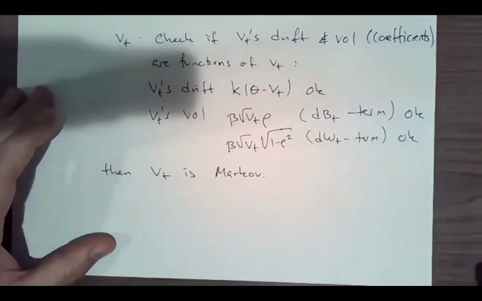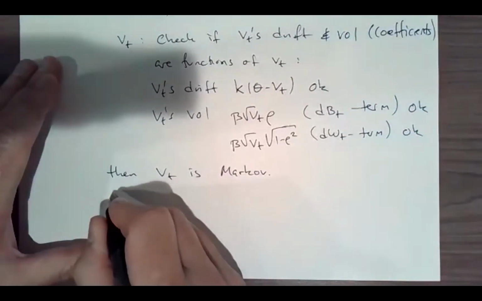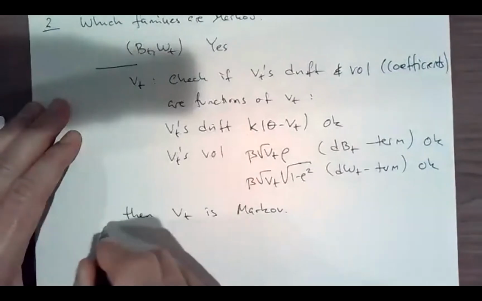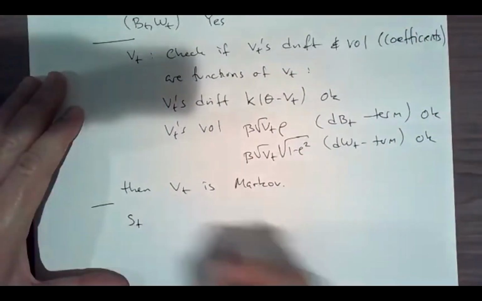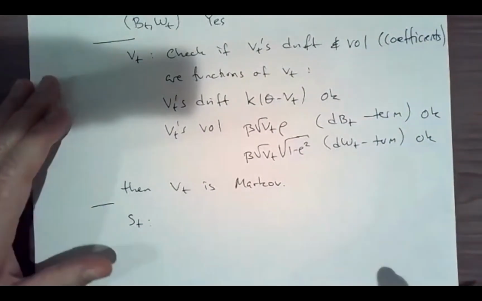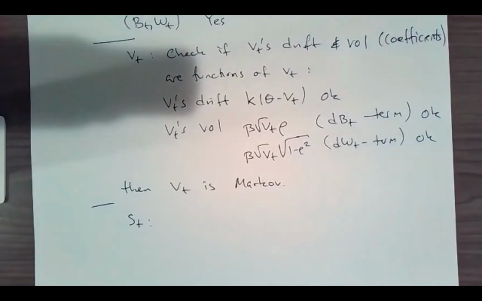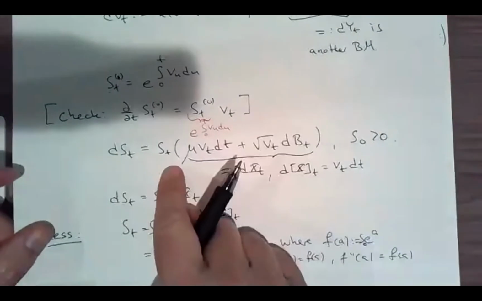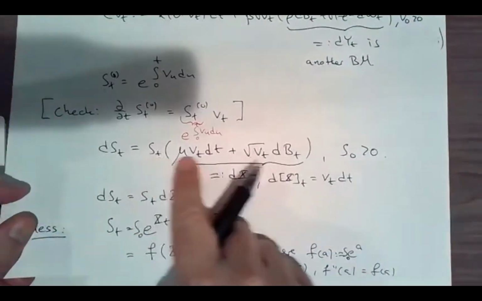Maybe it would be clear if you looked at S. So let's look at ST. Right, so this here was one question, then the next question is, what about ST? Well, ST was given here. So now we look at ST's drift.